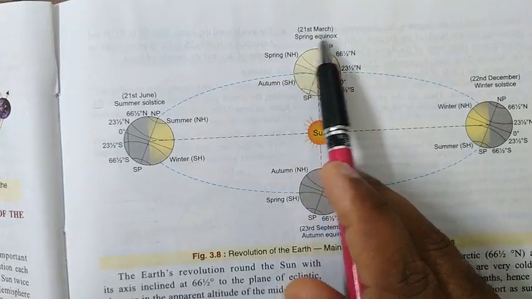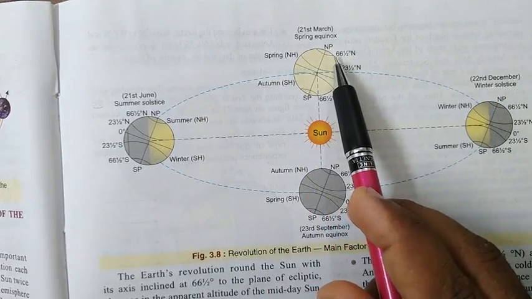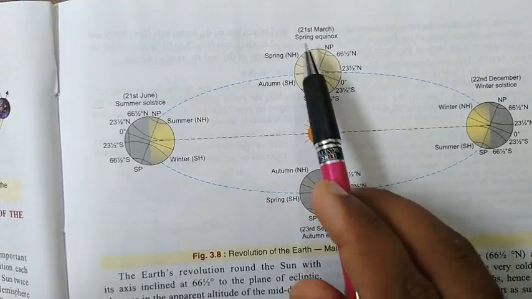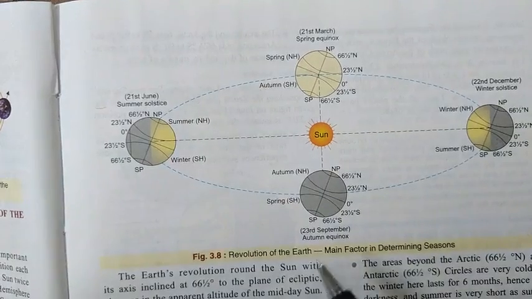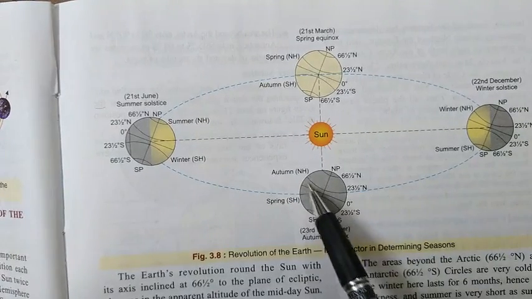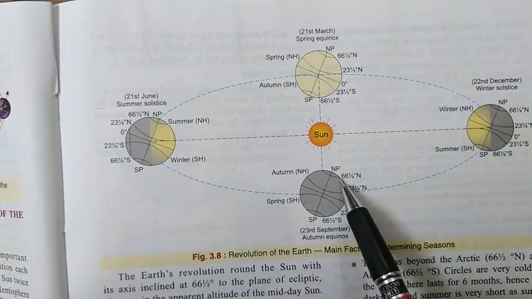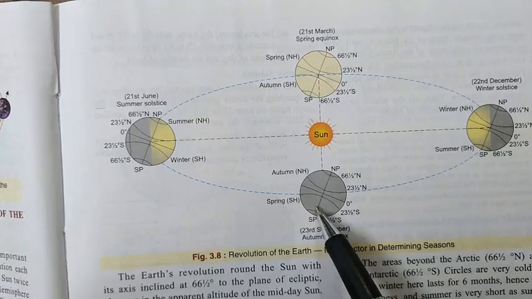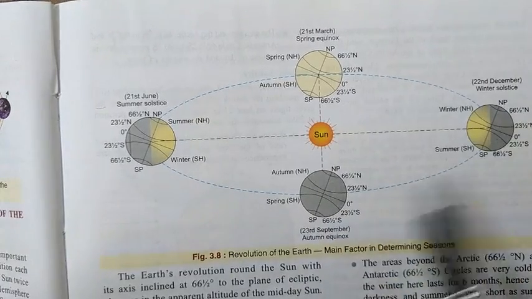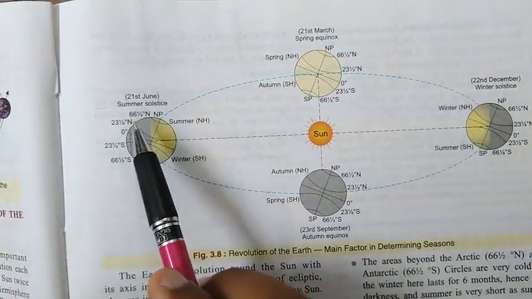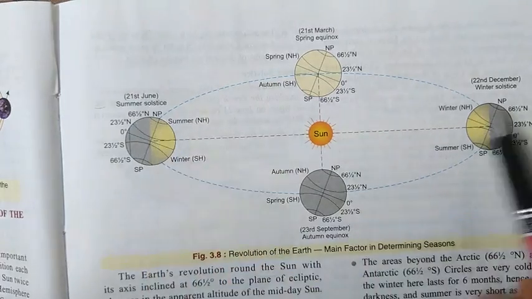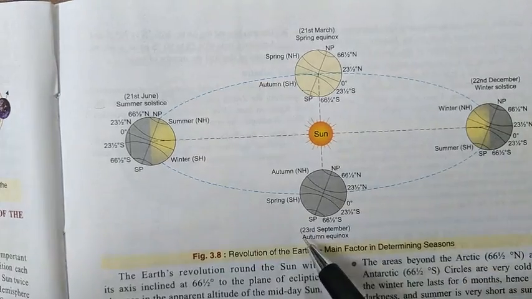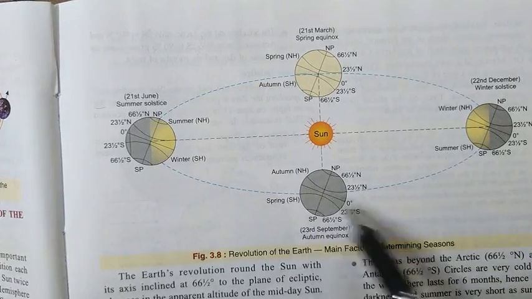You will see this is the 21st March. In the northern hemisphere it is the spring season, and that's why this position is called the spring equinox. But on 23rd September, the northern hemisphere experiences the autumn season. The same thing is just opposite in the southern hemisphere, where it is actually the spring season. Whether it is the summer solstice, winter solstice, spring equinox or autumn equinox, they are named after the northern hemisphere.